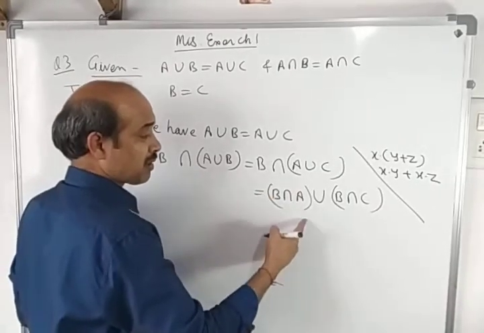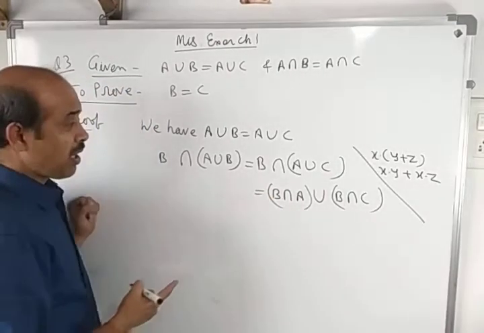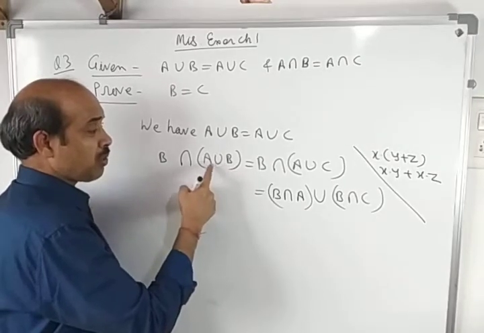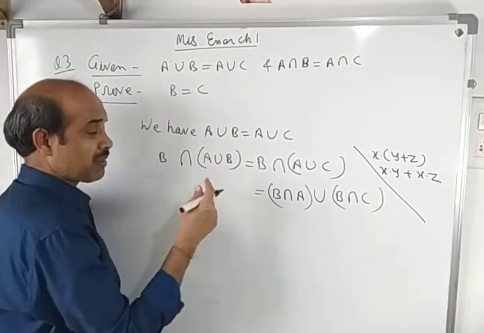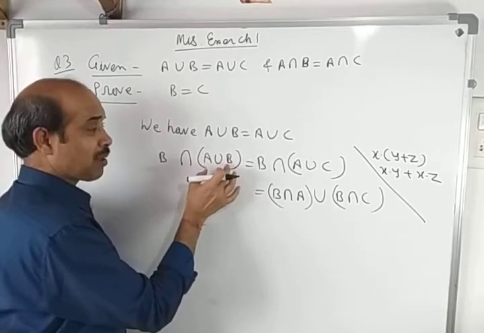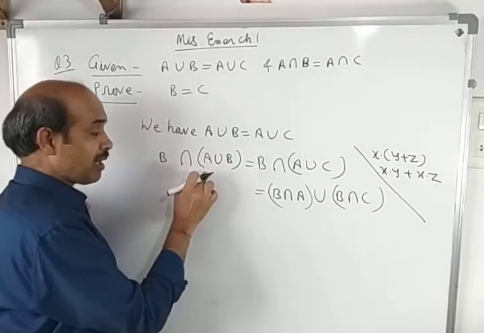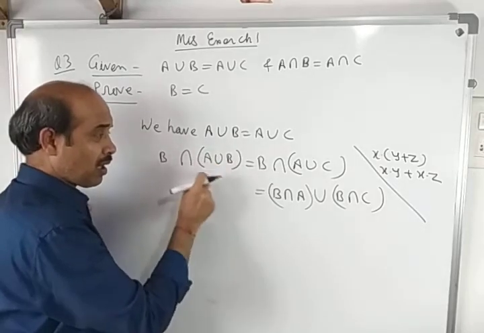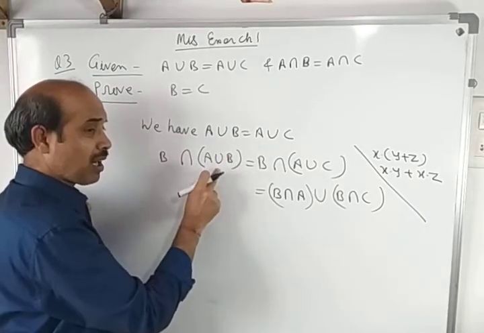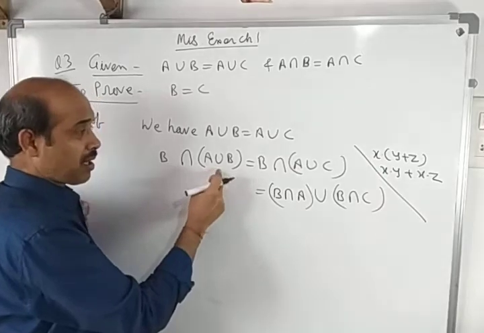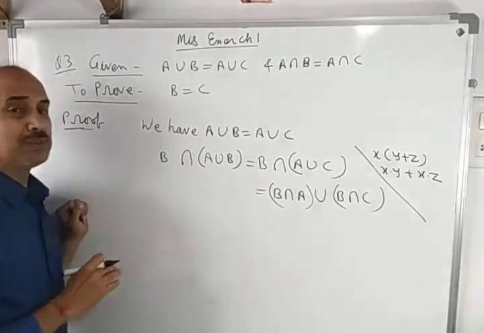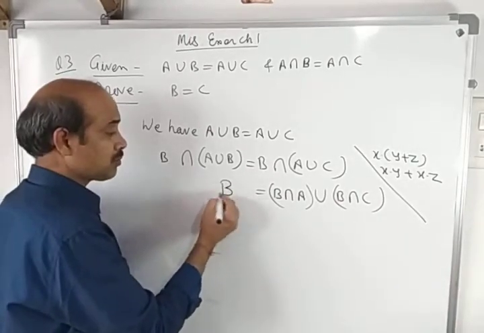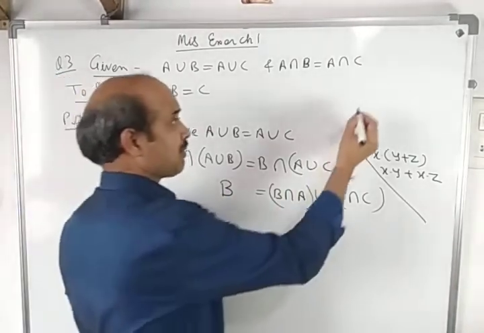So this will be this, and now here you have A union B, meaning all the elements of B and A are combined. So all the elements of B are present, and now you are taking intersection with B, so it will become B only. You can understand by the figure also.